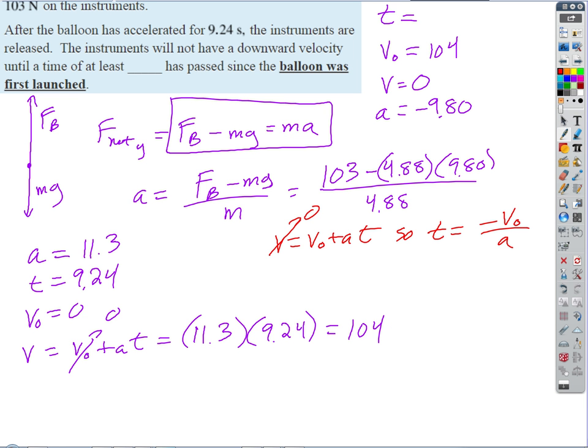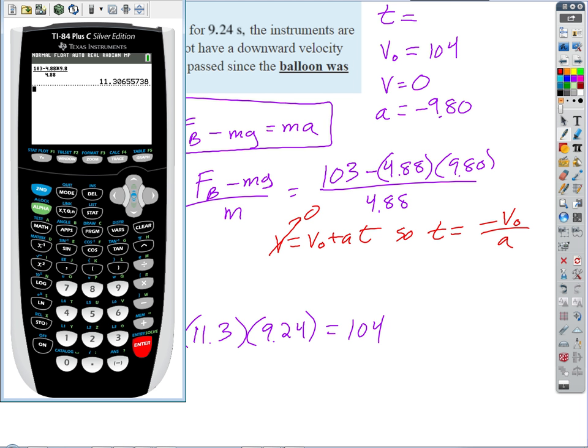So here's our acceleration times 9.24 gives us our 104 rounded. But here's our unrounded final velocity, right? Which becomes our initial velocity over here.